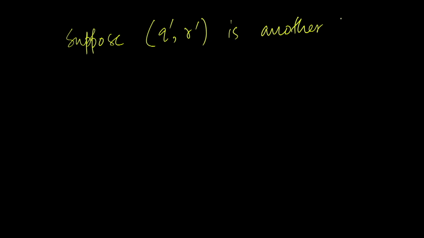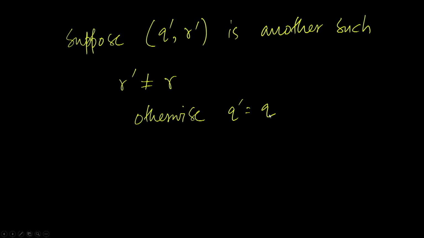Suppose otherwise. Suppose q prime r prime is another such ordered pair. Clearly r prime is not equal to r, because otherwise q prime is the same as q, and therefore this ordered pair would not be distinct from the earlier one. So r prime is not equal to r, and r prime is b minus q prime a.